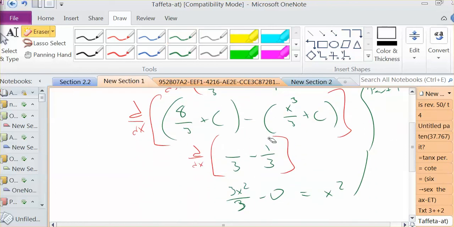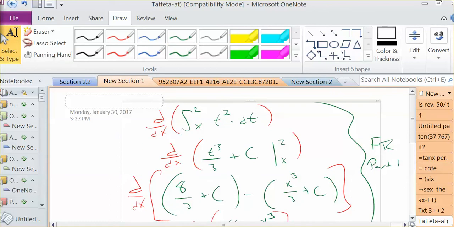You don't even have to really write this down, just watch this part. I'll copy it later. But then it's just going to be 0 minus 3x squared over 3, or negative x squared, which is different in sign.